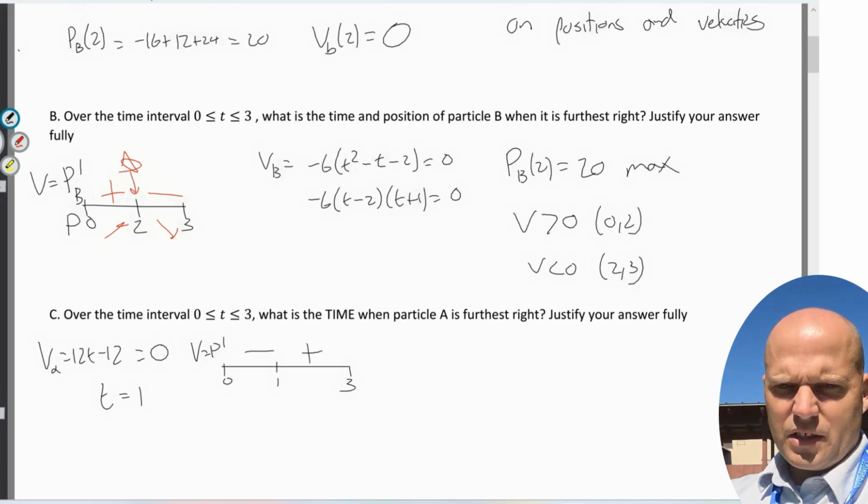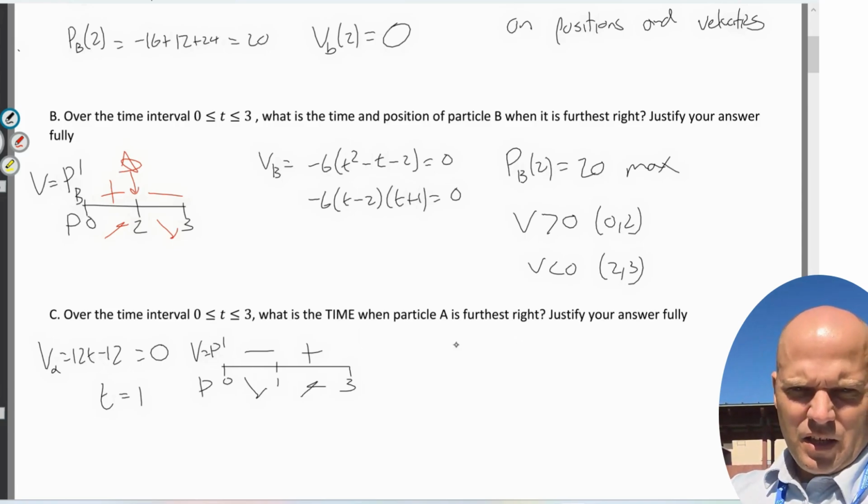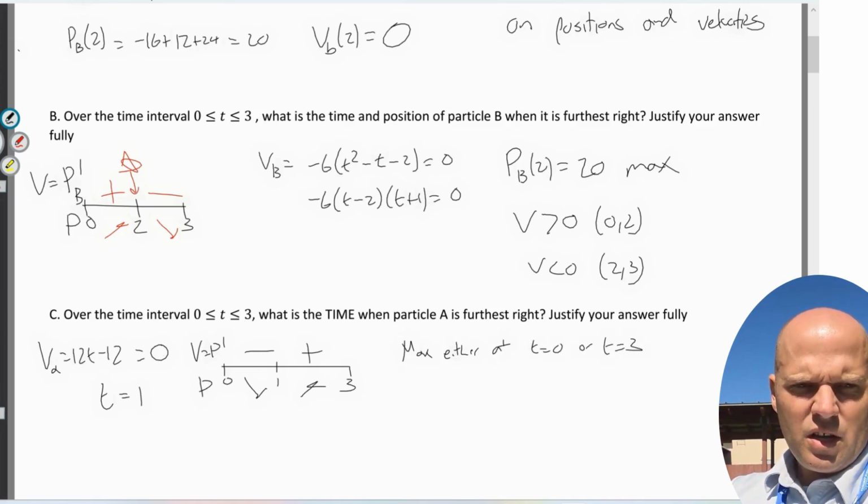We'll have negatives and positives, which means my position decreases, then increases. It means I have two possible locations for max. So the max is either at t equals 0 or t equals 3, because my velocity is negative from 0 to 1 and positive from 1 to 3.